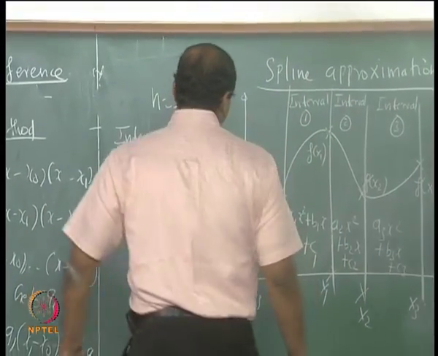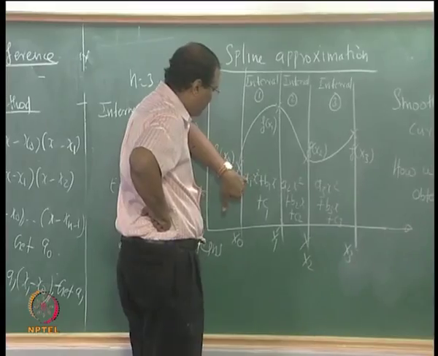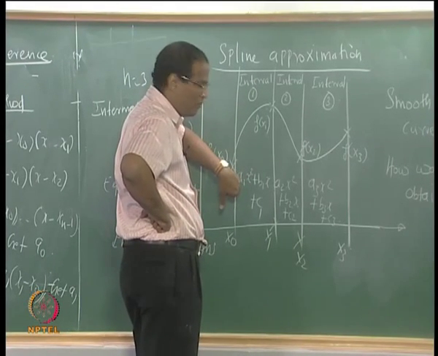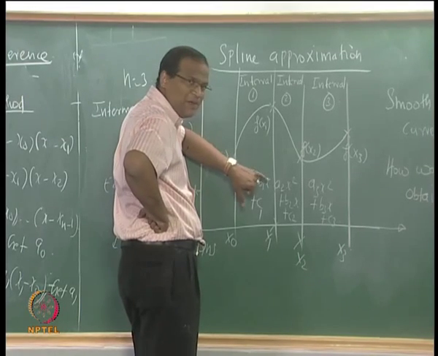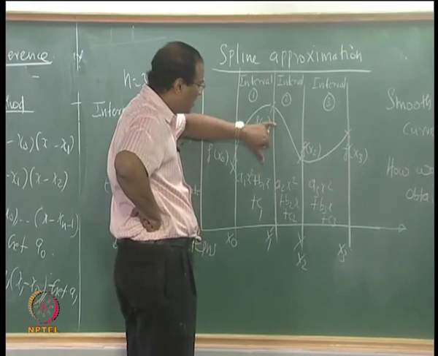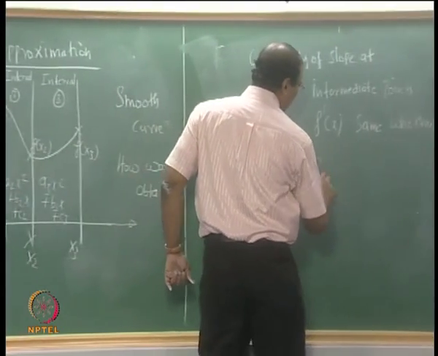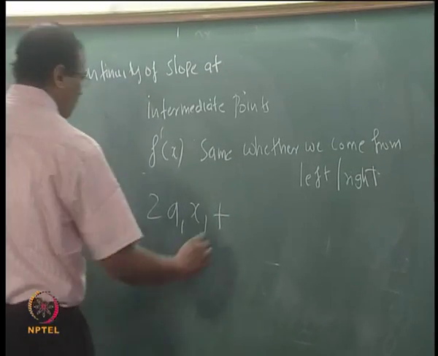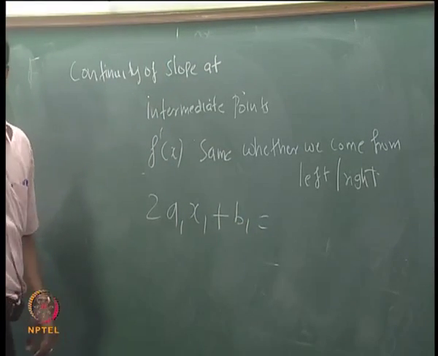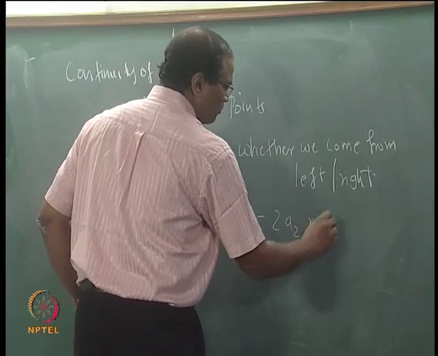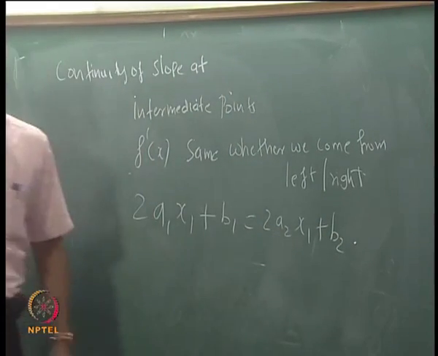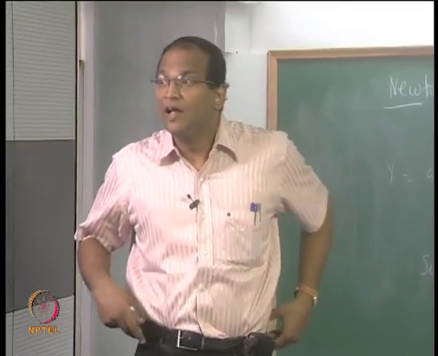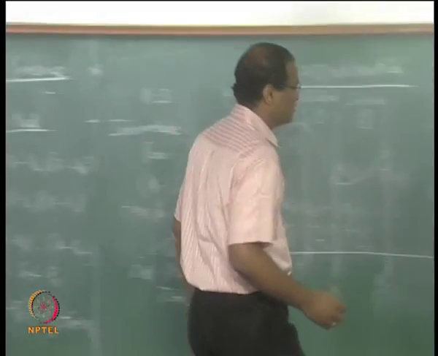So this f dash of x, what does it mean? 2a1 x plus b1, when you apply it at x1, therefore 2a1 x1 plus b1 is equal to 2a2 x1 plus b2. Correct, like that you can keep on generating. How many such equations can you generate? N minus 1 equations, total number of such equations.